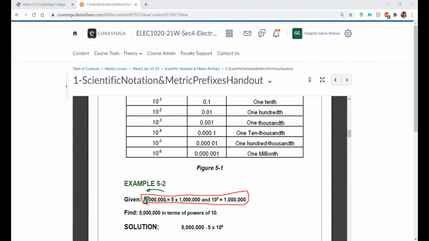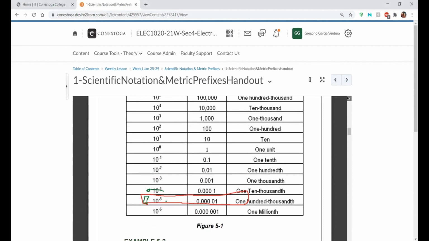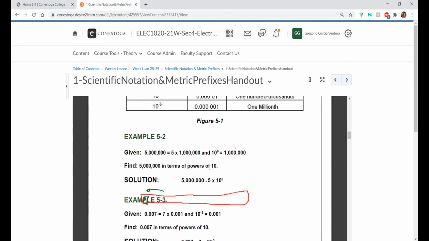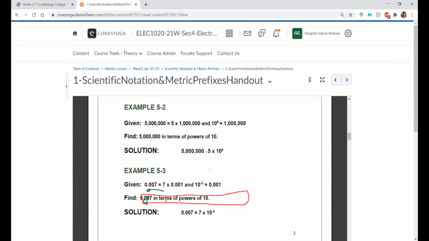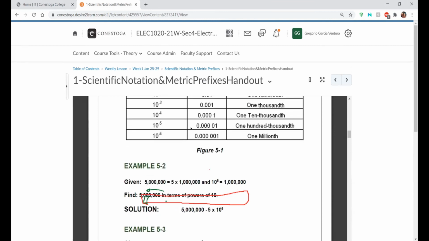So when it comes to powers of 10, there's a difference between powers of 10 and scientific notation. When it comes to powers of 10, it doesn't really matter where you move the decimal in the number. Let me give you a little example. Let's say that I have 5 million, and I just want to apply powers of 10.